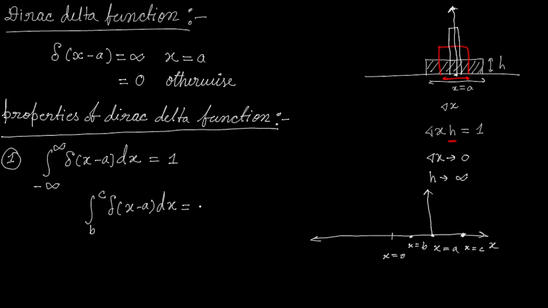Then the value of this integration will be 1, when a lies between b and c. Otherwise this will be 0. Okay, this is the first property of the Dirac delta function.